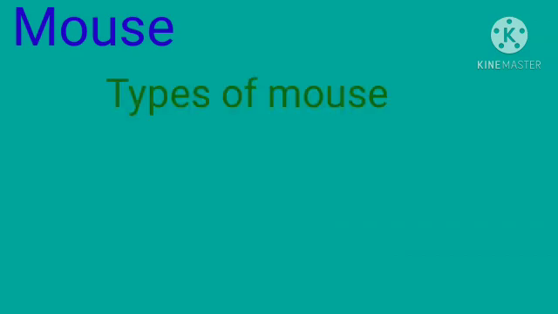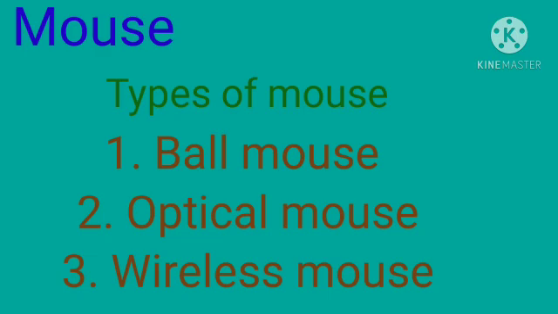The computer mouse has two buttons and a scroll wheel. A mouse pointer helps us to point, select, and move an item on the screen. Mouse can be of three different types: ball mouse, optical mouse, and wireless mouse.